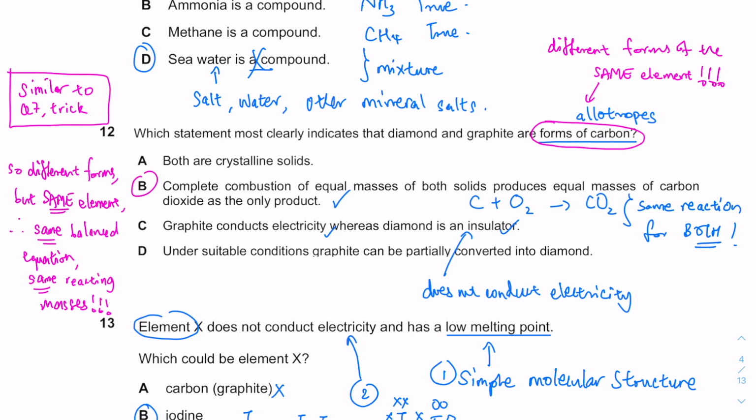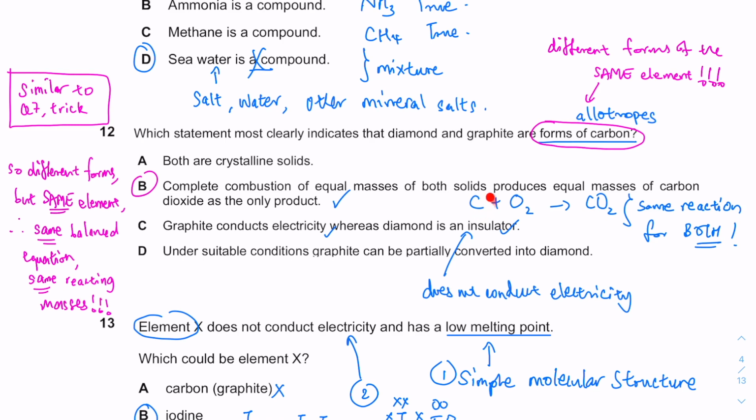Okay, so the idea here again is same element, and therefore we are focusing on the same balanced chemical equation to show that whether you are diamond or graphite, you follow the exact same equation, because they are just different forms of the same element. You will still get carbon dioxide, and if you use diamond, it's just a very expensive source of carbon dioxide.